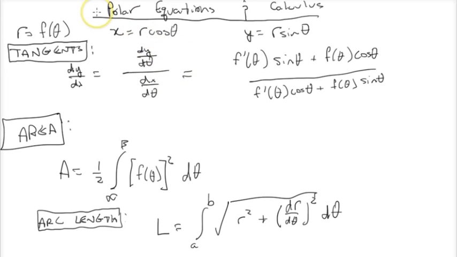We substitute f of theta in for r, and with the product rule we take the derivative of one, leave the other constant, plus the derivative of the other, with the one constant. So we'll get f prime theta sine theta plus f of theta cosine theta, since cosine is the derivative of sine. And then down here we'd get f prime of theta cosine theta minus f of theta sine theta. And so that's the general expression for a tangent.